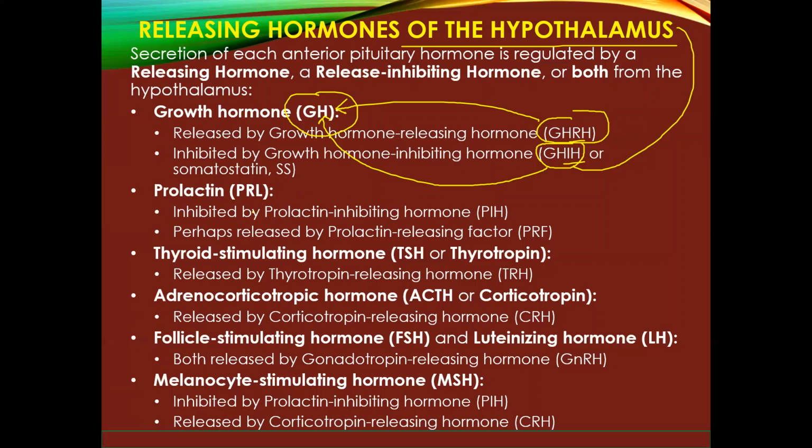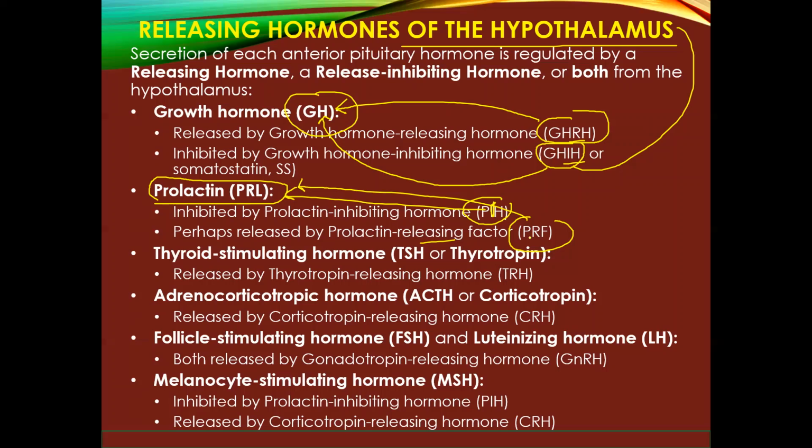pituitary gland. The prolactin, so this is produced by the anterior pituitary gland, is controlled by the PIH and PRF. So this is the inhibiting hormone. It will inhibit prolactin. This is the releasing factor, so prolactin releasing factor. This one will increase production of prolactin.